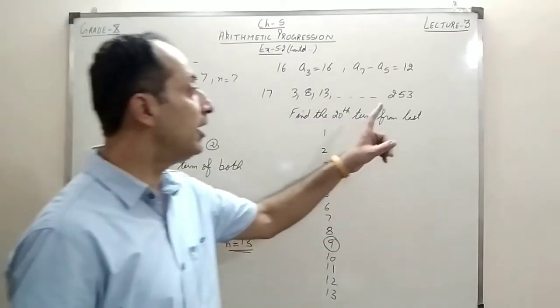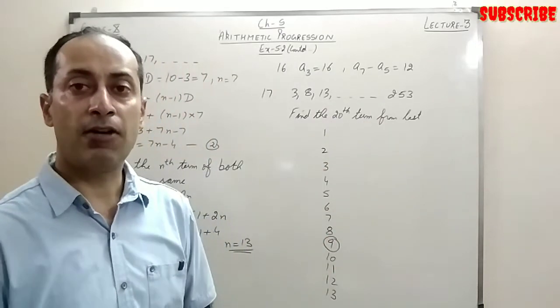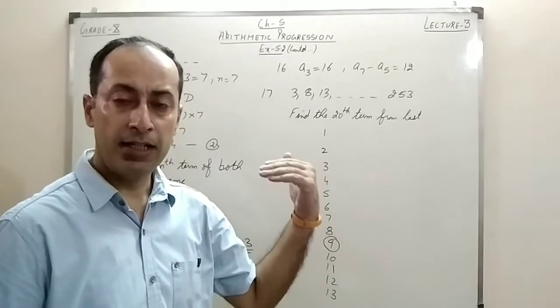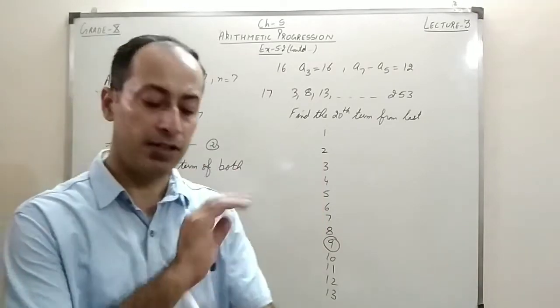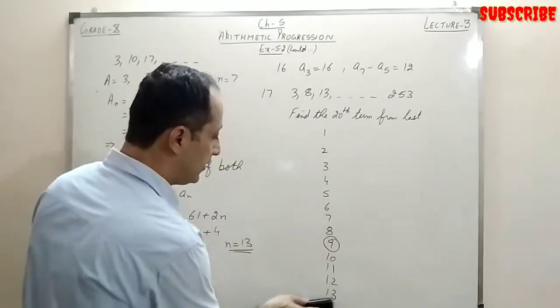In the same way we can do it in this question also. We can start counting from the back side. For that, we will have to write the AP in the reverse form. So, what can we say now?